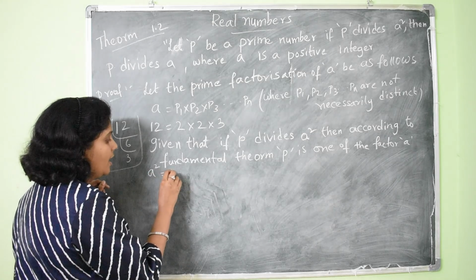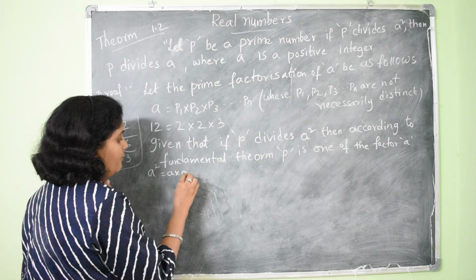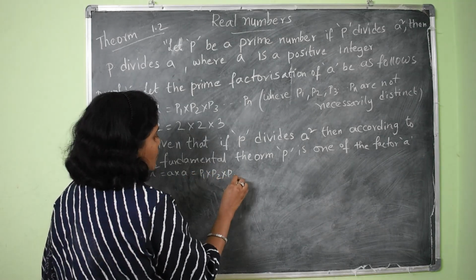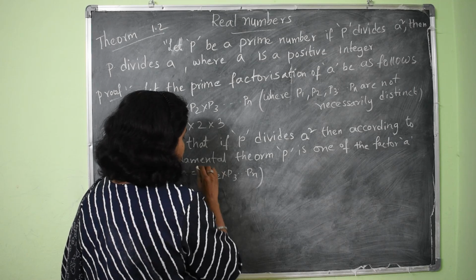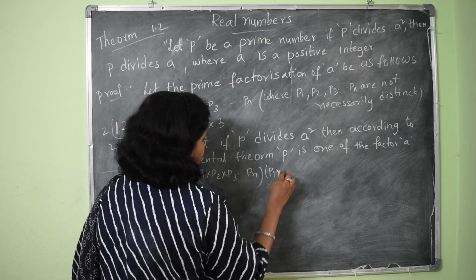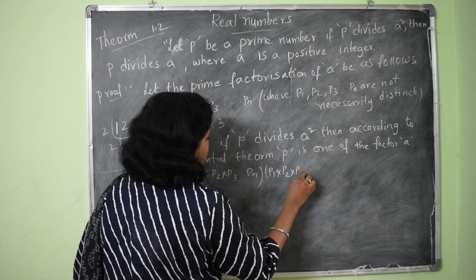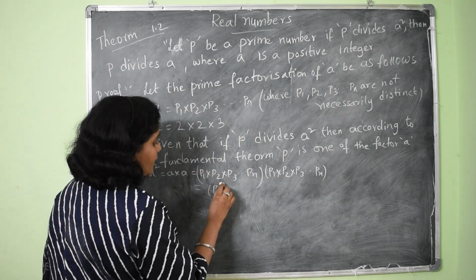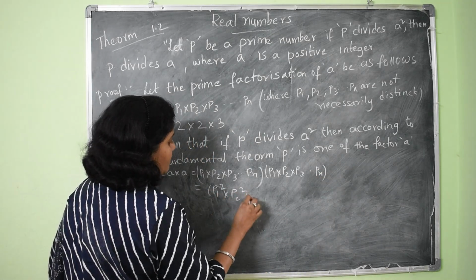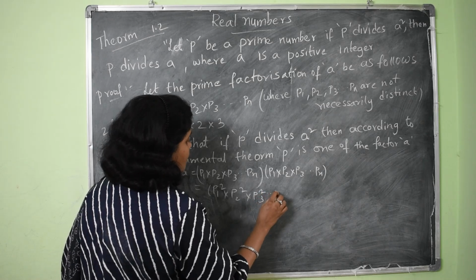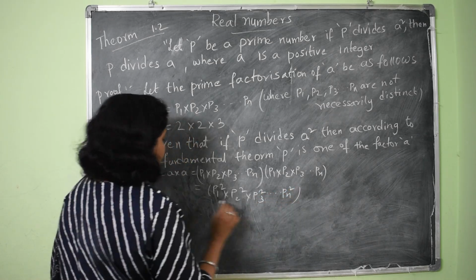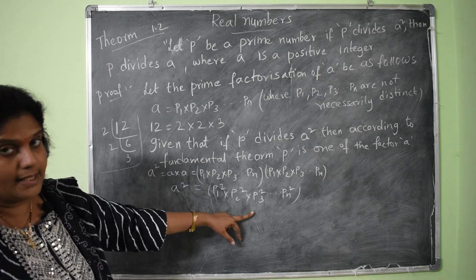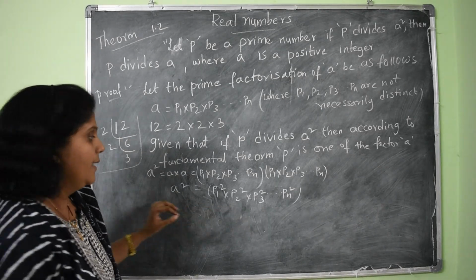A square is A into A. That is P1 into P2 into P3 into so on Pn into P1 into P2 into P3 into so on Pn. So that is P1 square into P2 square into P3 square into so on Pn square. So A square is nothing but P1 square into P2 square into P3 square into so on Pn square.